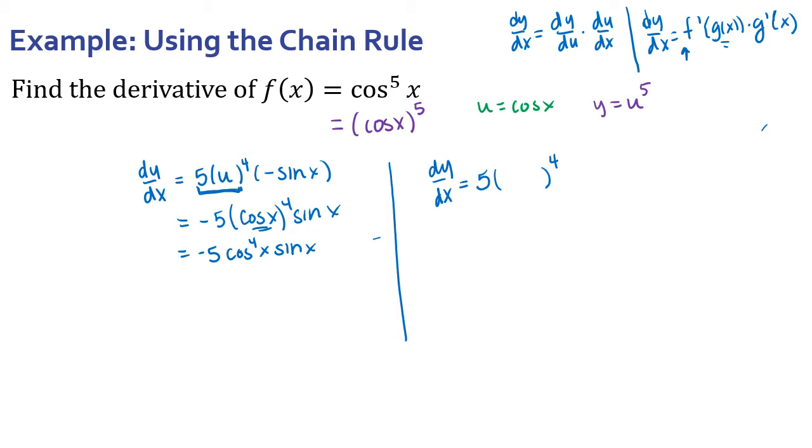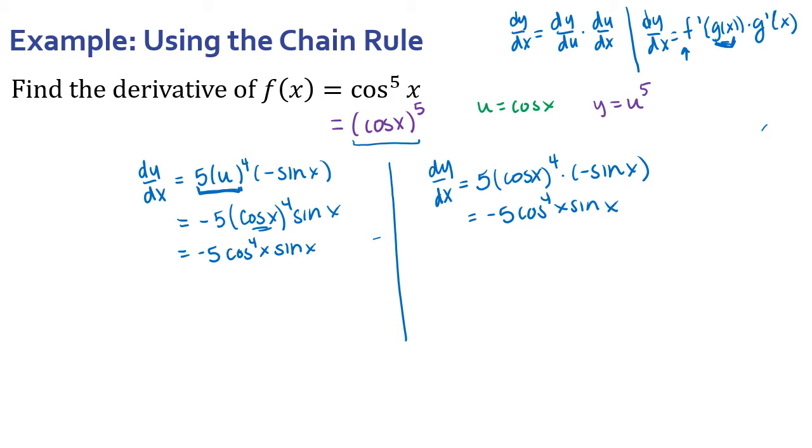So that something, that inside function is cosine of x. So again, what we're doing here is you're basically visualizing, here's my outside, something to the fifth power, so something to the fifth power is 5 times that something to the fourth, times the derivative of the inside. So that's where that negative 5 cosine to the fourth x sine x comes from.